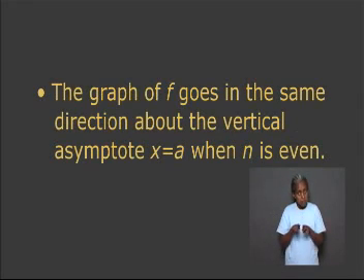Similarly, the graph of f goes in the same direction about the vertical asymptote x equals a when n is even. It takes a great deal of practice to become proficient at graphing functions.